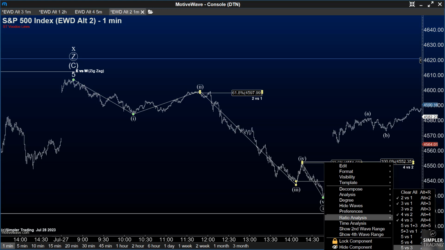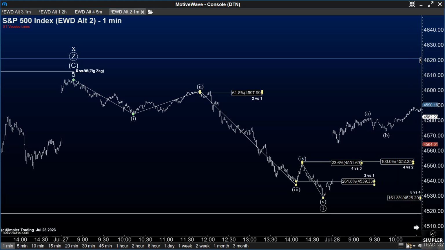And when we put those levels on the chart, you can see we came through the 127.2 to the 161.8%, right? That's just the external retracement where we measure this move up and then see that this move down was 161.8% of its length.